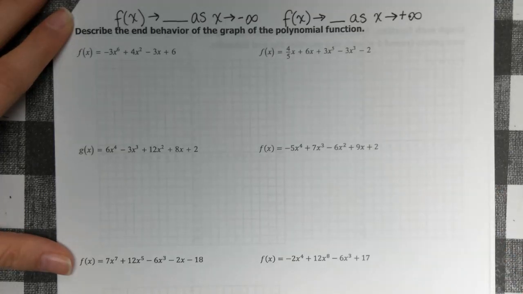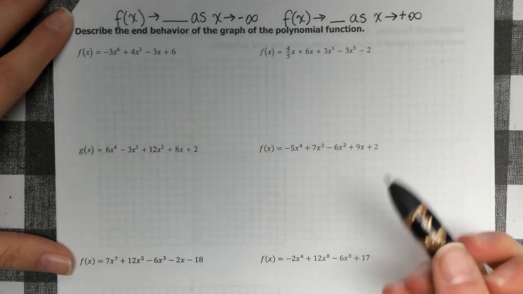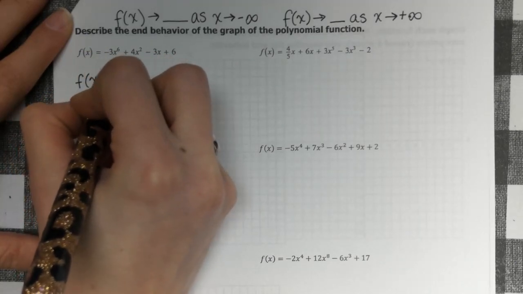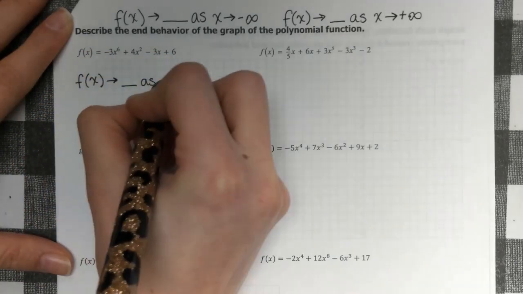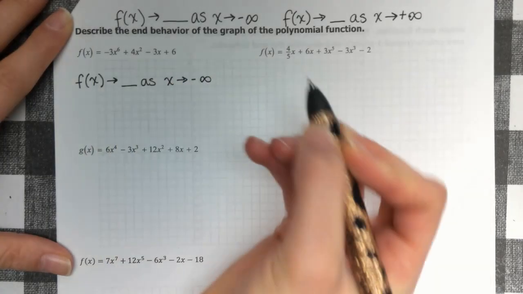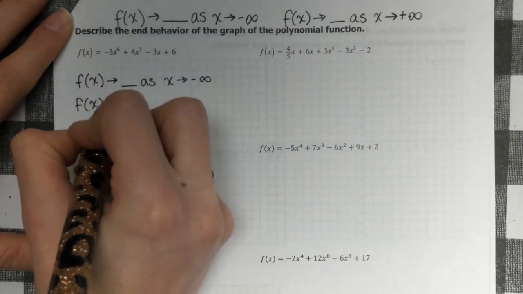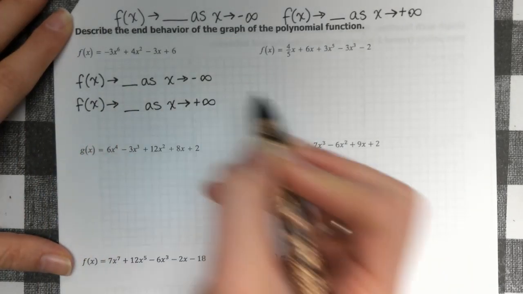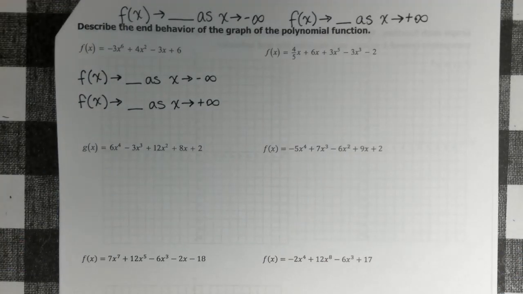So when I know I have to describe the end behavior, I don't even look at the function. I just write my template first, and then I analyze what's happening. So I'm going to write everything out for this problem. And then we're going to look at the function.